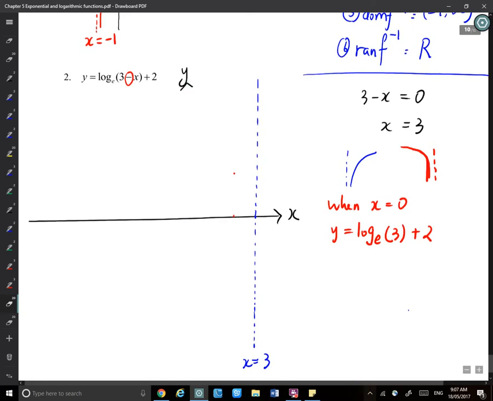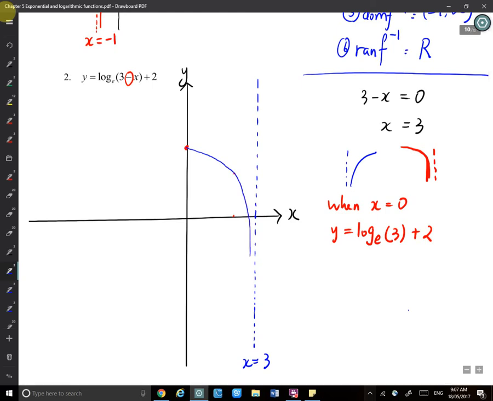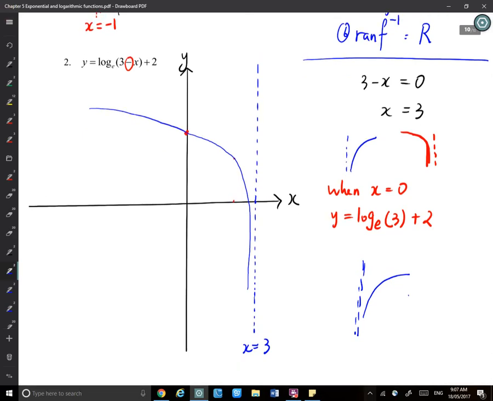And the shape will be like that. Okay, base e is like that. x equals positive 3 is the asymptote.